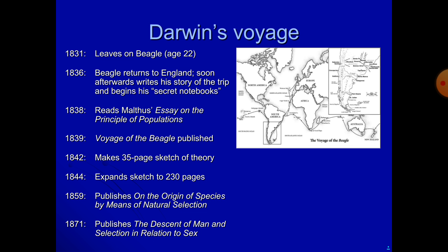By 1842, he made a 35-page sketch of his theory, and in 1844 expanded the sketch to 230 pages. In 1859, he published the book entitled On the Origin of Species by Means of Natural Selection. And by 1871, he published The Descent of Man and Selection in Relation to Sex.